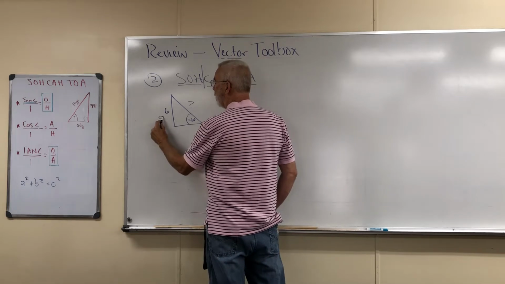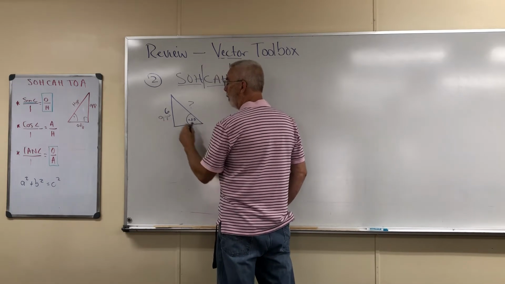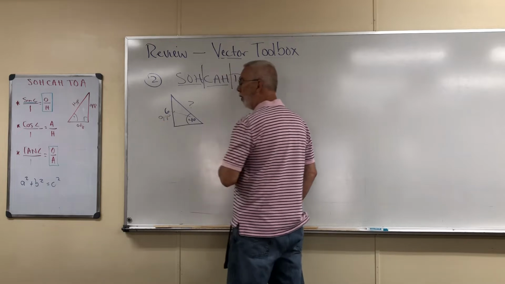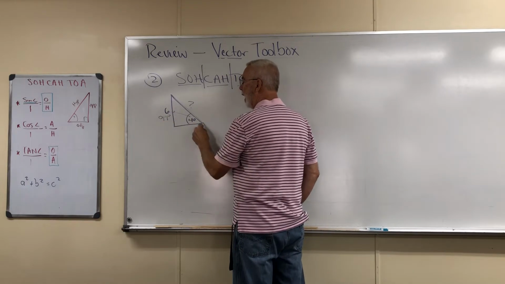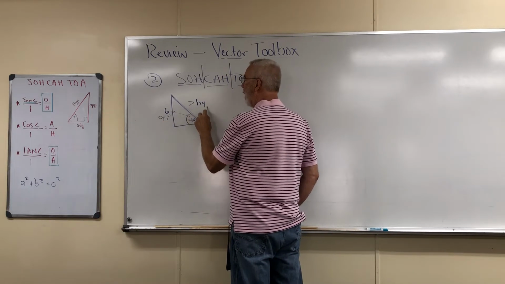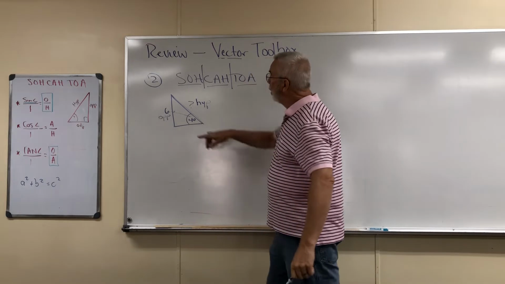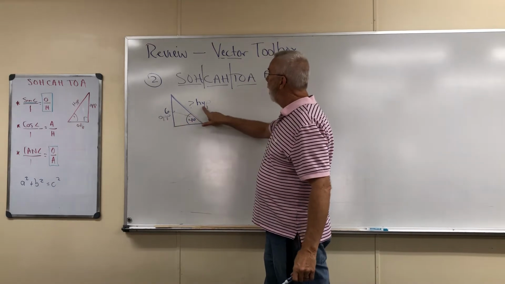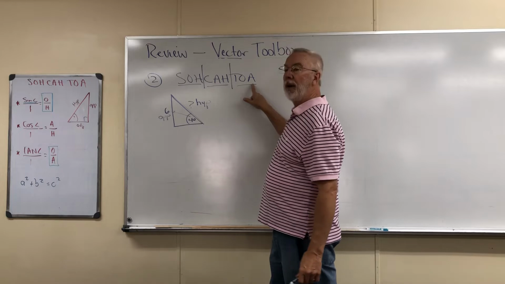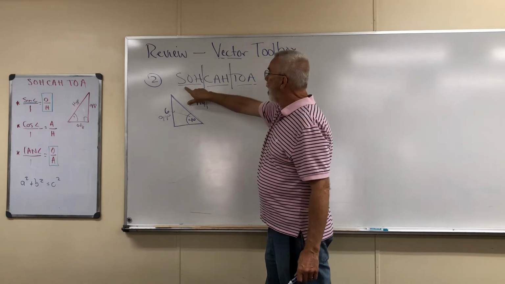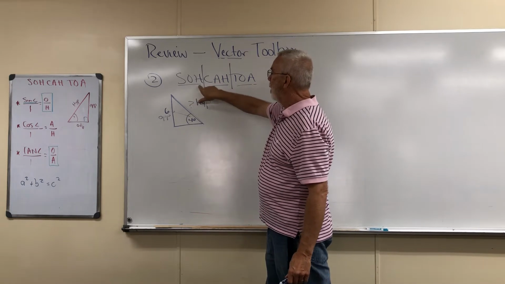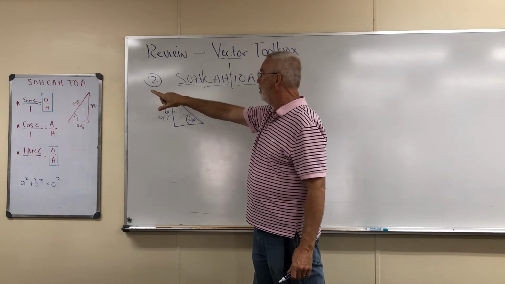We know this is the opposite side because it's across from the angle, and the diagonal line is always the hypotenuse. Once we identify opposite and hypotenuse, we look at our 3 math functions, and sine is the opposite over the hypotenuse, which is also over there at the top.